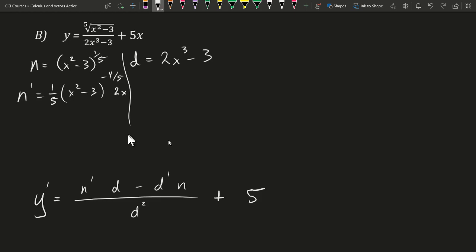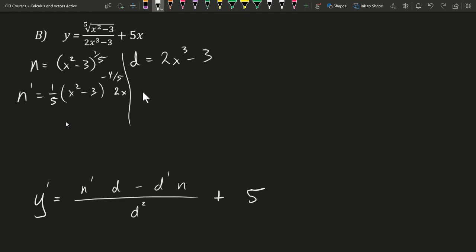Notice what I'm doing here. The chain rule. This guy goes here, that guy goes there, this guy gets rewritten, the 1/5 gets lowered by 1, and then the 1/5 goes over to there, and then this guy gets rewritten and multiplied out to the end as a derivative of 2x.